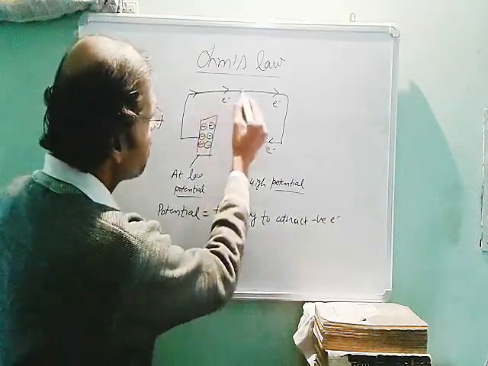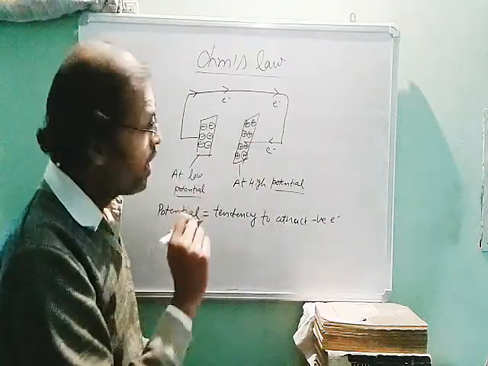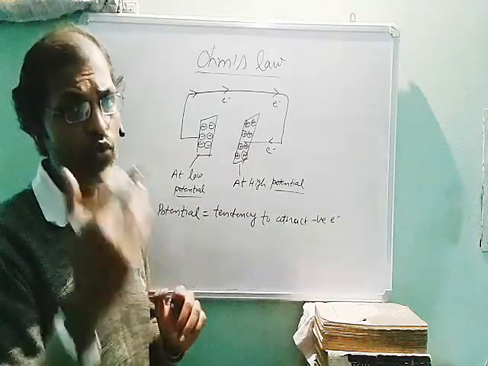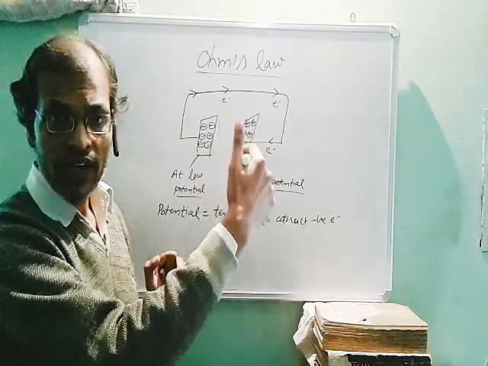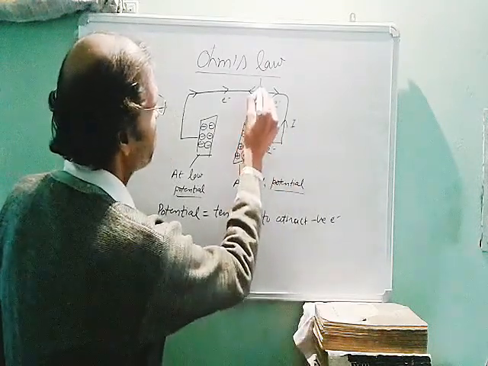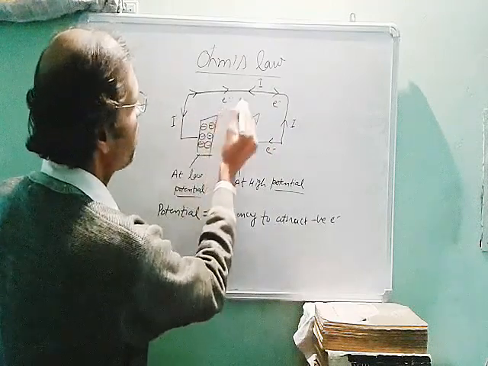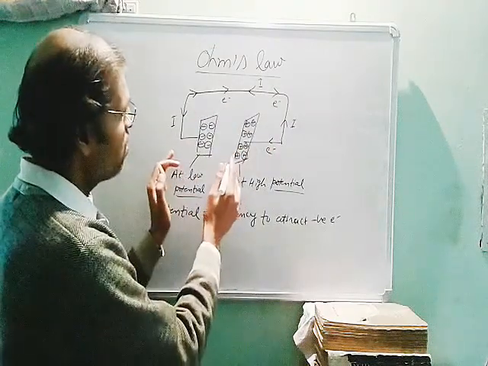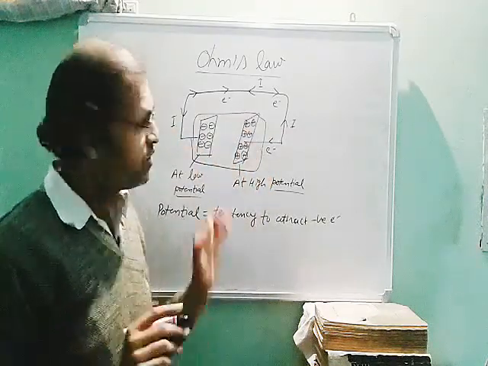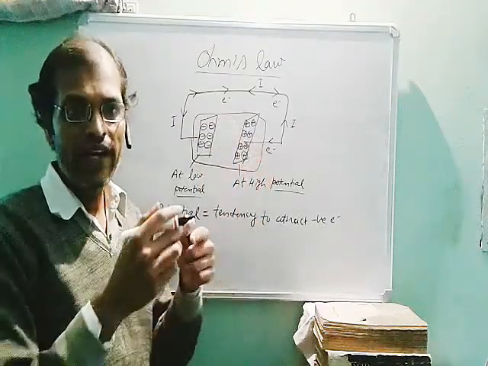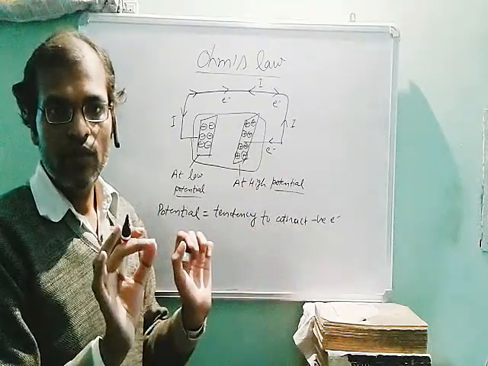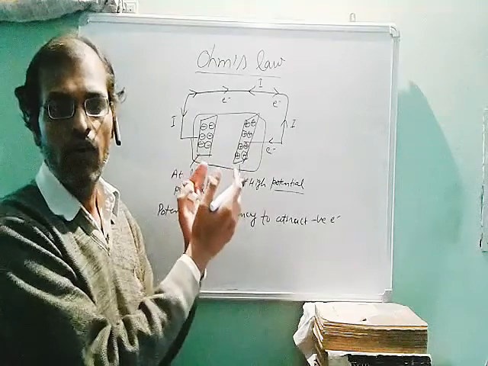This is the path of electrons, and the direction of current is considered opposite to the direction of electrons. So the direction of current will be this. This is the direction of current and this is the direction of electrons. This is what actually happens when you connect a circuit using wire with a cell or battery. This is the principle of flow of current.